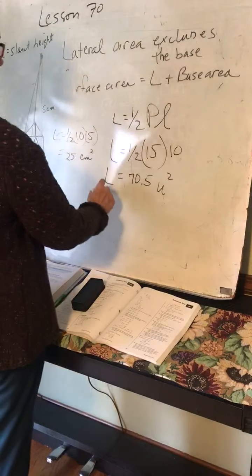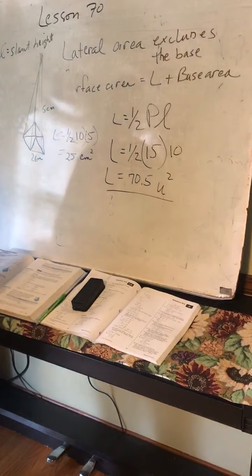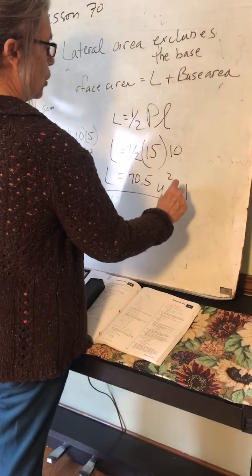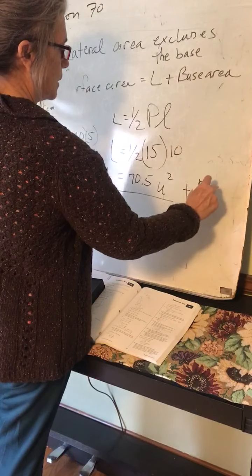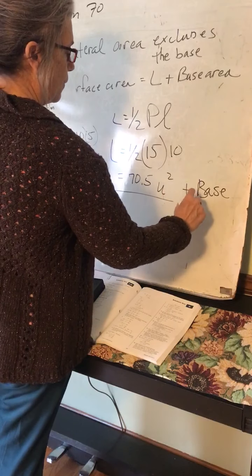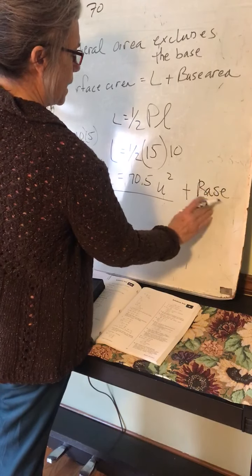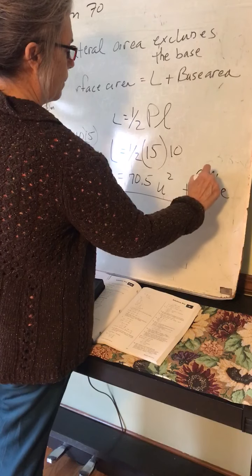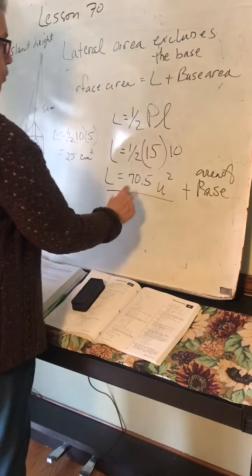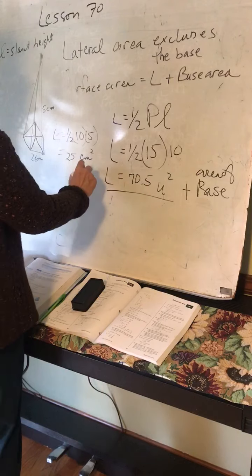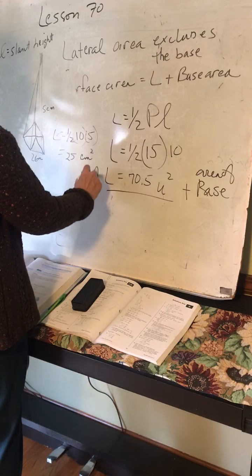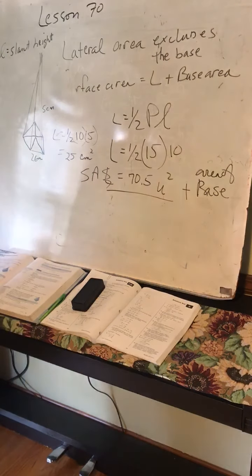So this would be your lateral area, and then plus you would include the area of the base in order to get surface area. We'd have to add that on to that.